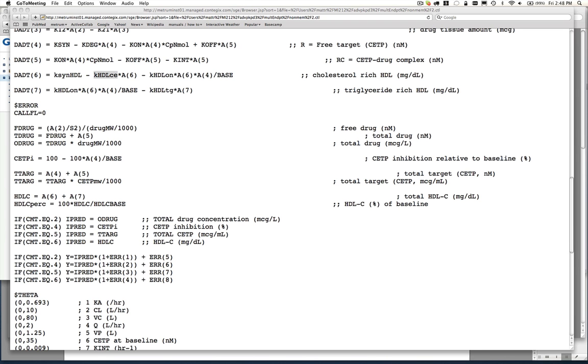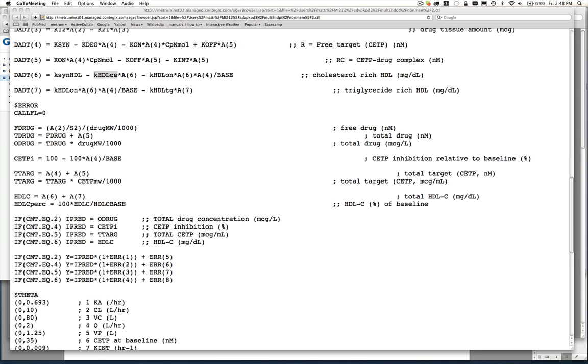Okay, question here. You seem to be saying that HDL cholesterol ester complexes with CETP. So are there really two TMDD components, HDL and CETP, and drug and CETP? In a sense, yeah.